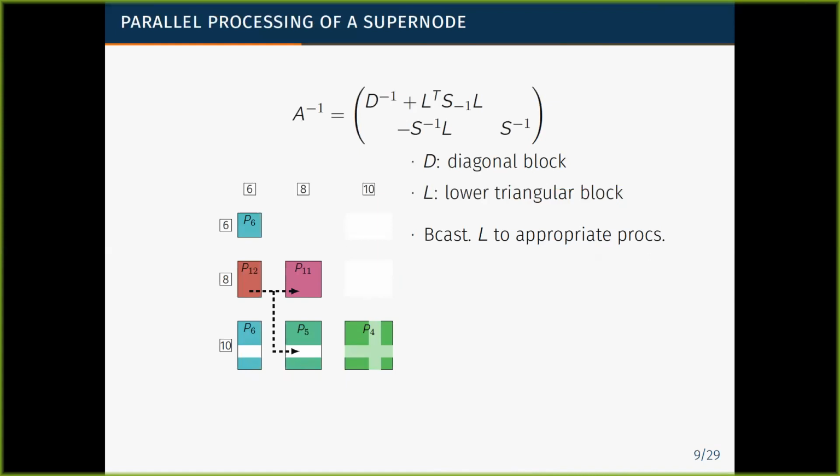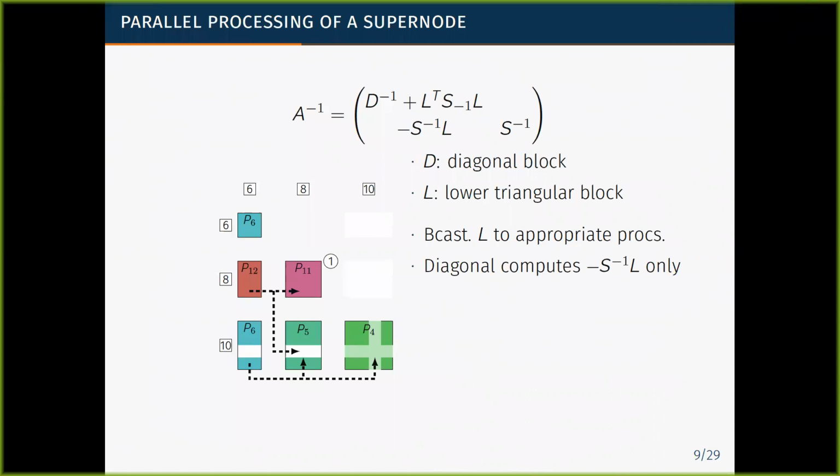So for instance, let's assume that the broadcast sent by P12 happens before the broadcast sent by P6. That means P11 will get its block first, and will be able to compute its contribution as soon as possible while the other broadcast is happening.